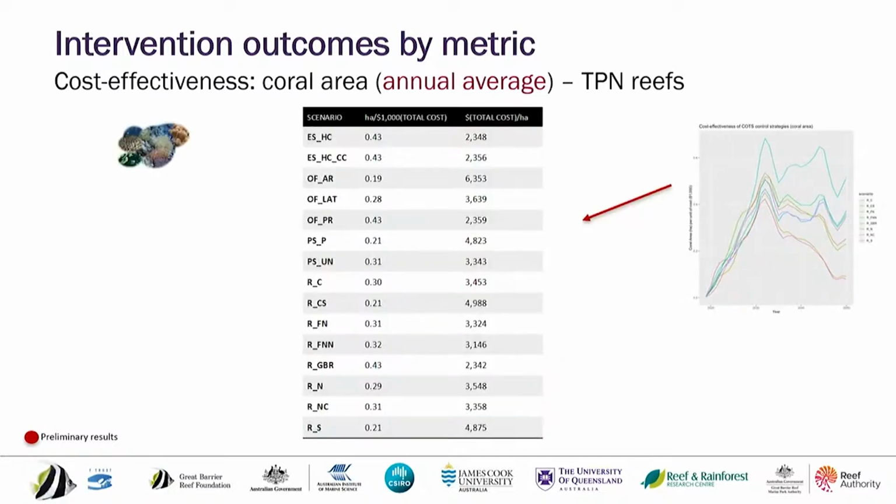Now, if we calculate these ratios for all scenarios, we can see the best strategy is, of course, the GBR-wide one, because we apply the same amount of effort across all scenarios. You can see that it costs about $2,340 per hectare of coral reef we're saving for the best strategy.